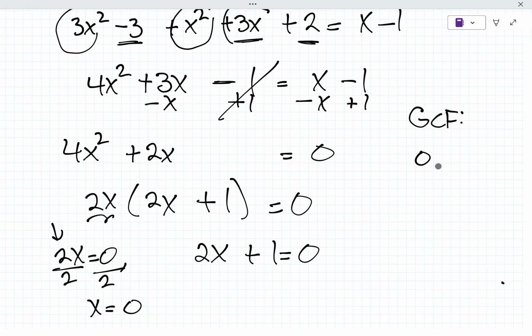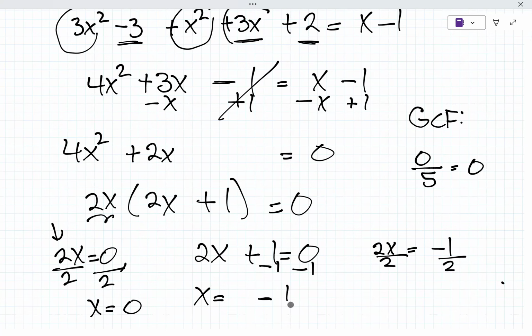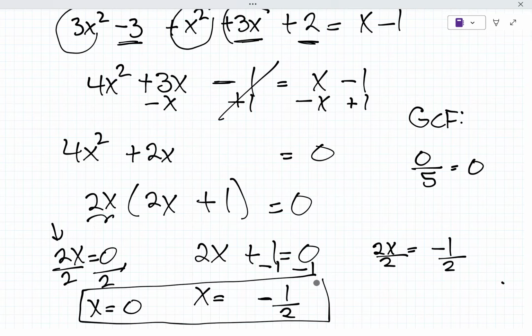If you have 0 over a number like 2 or 5, it's 0, which is a real number. It's not undefined. And then over here, solve for x: you're going to subtract 1, then divide by 2, and you get x equals -1/2. There you go.